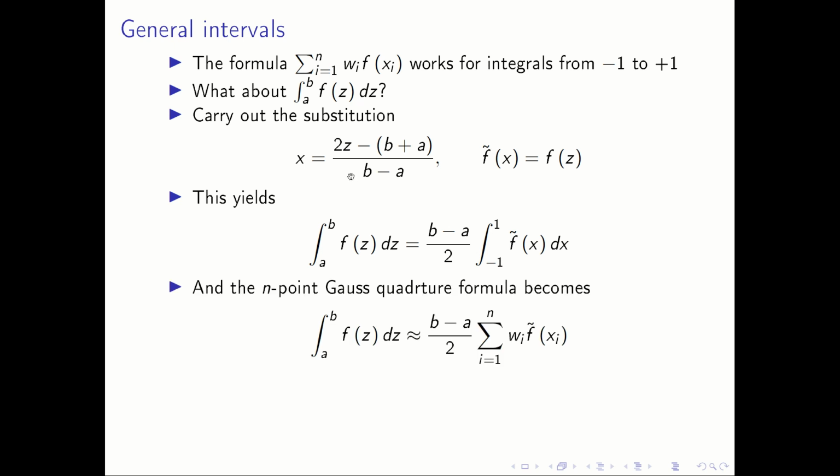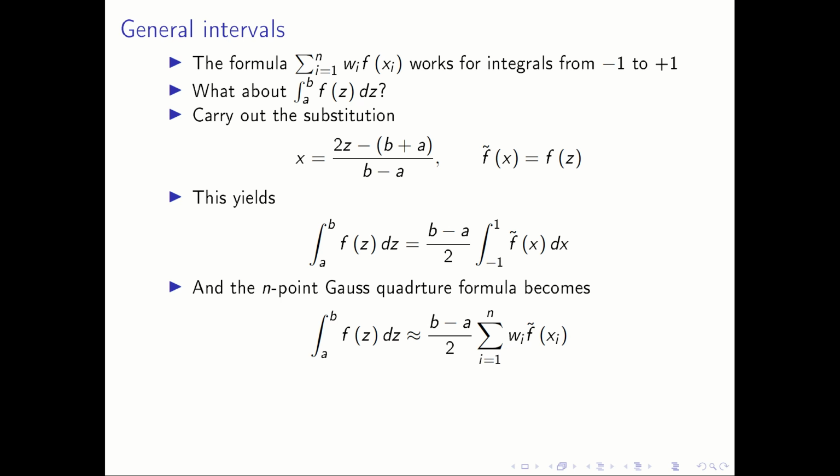And the n-point Gauss quadrature formula can now be easily used, because this integral is the one for which we know how to use the n-point Gauss quadrature formula. So we get (b - a)/2 times this integral from -1 to +1 replaced by the n-point Gauss quadrature formula, Wi times the value of the function f tilde at each xi. Well, f tilde at each xi is really f at the corresponding z.